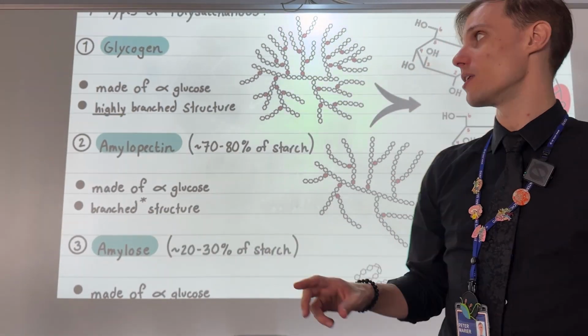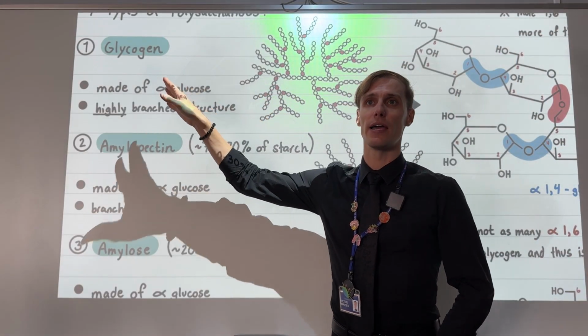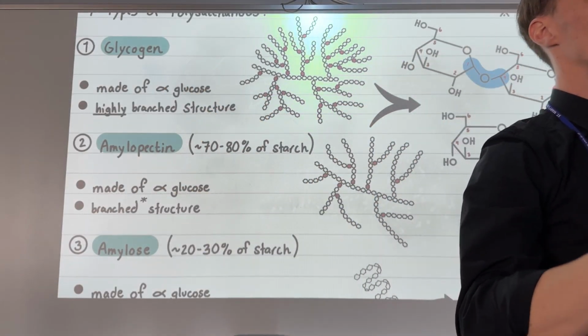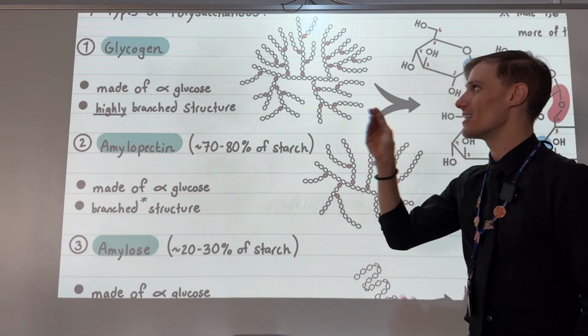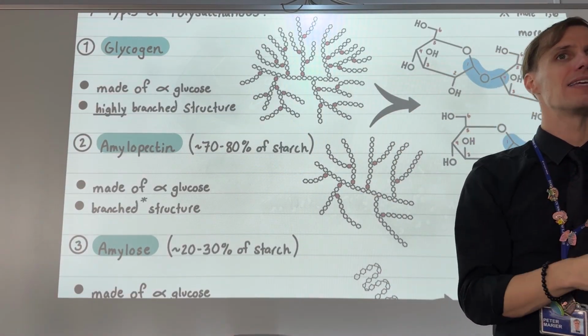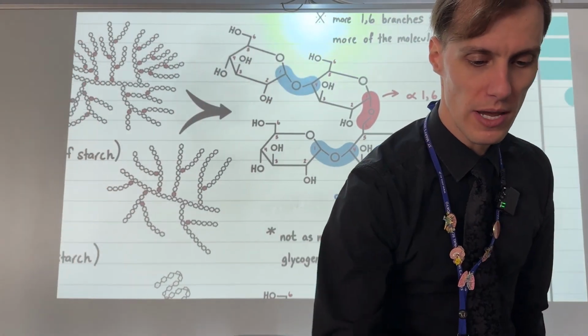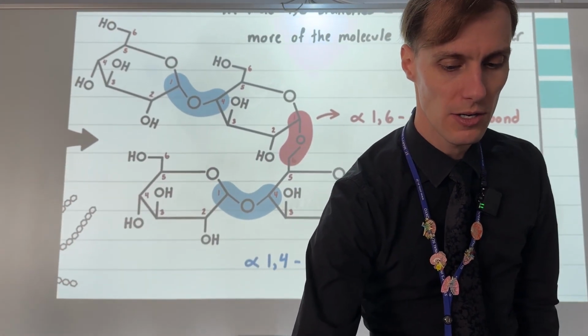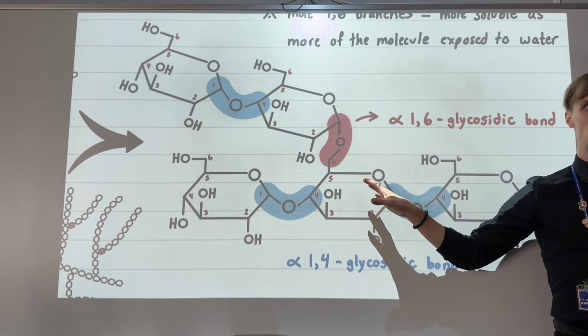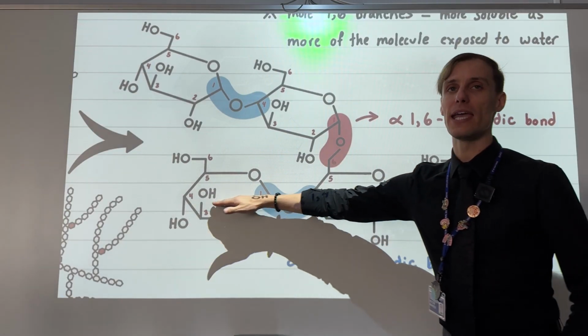So glycogen, as a polysaccharide, is entirely composed of alpha glucose, and its structure is highly, highly branched. Now, what does that mean? So if we zoom in to glycogen here, here is my main chain.